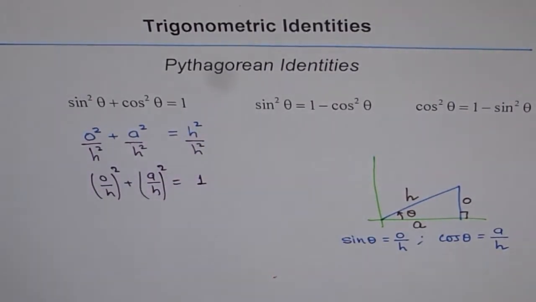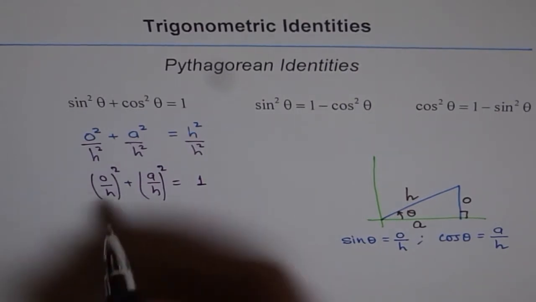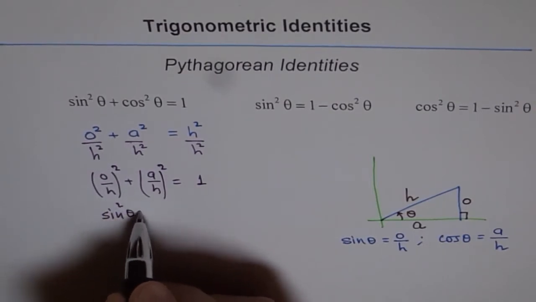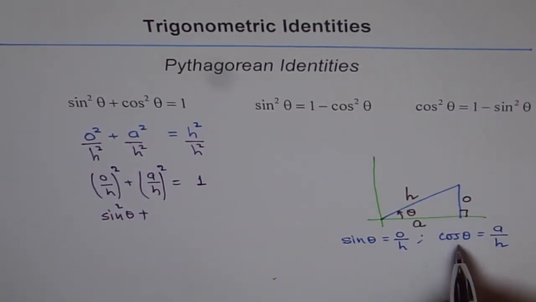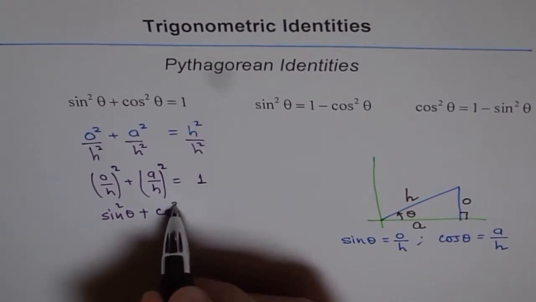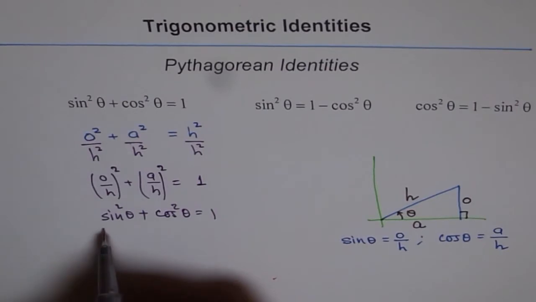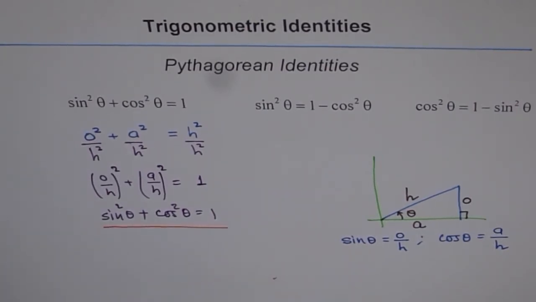Now, O over H is sine theta, so we get sine square theta, plus A over H is cos theta, so cos square theta equals 1. That is so simple to prove. It is such a basic identity, but so useful. Beautiful it is. Just remember, sine square theta plus cos square theta equals 1.